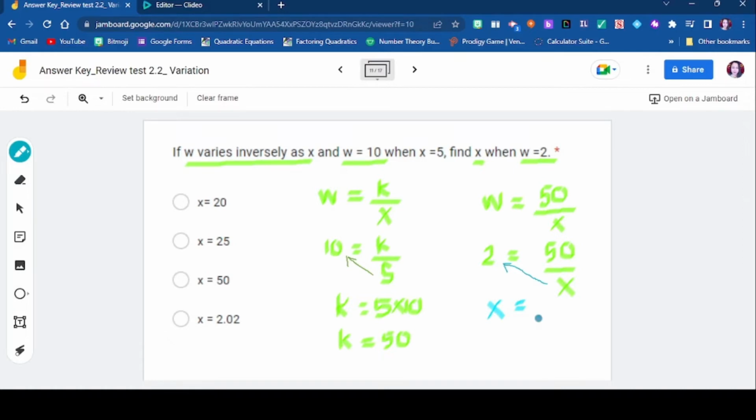So 2 will be located in the denominator part. So 50 divided by 2, that would be 25. So our x is 25 when w is 2. Therefore, this is the answer to the second one.